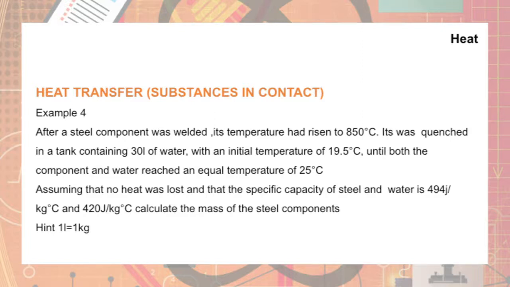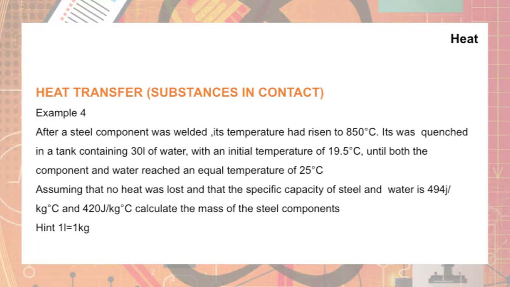Assume no heat lost, and the specific heat capacity for steel and water is given as follows. For steel we have 494 joules per kg degrees Celsius. Then for water, we have 4200 joules per kg degrees Celsius.